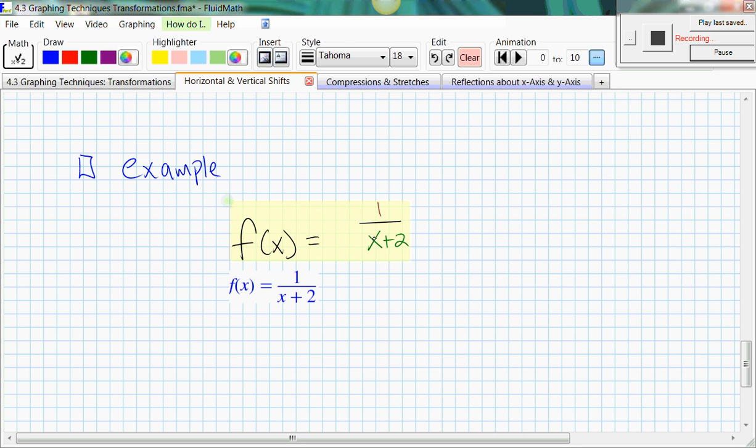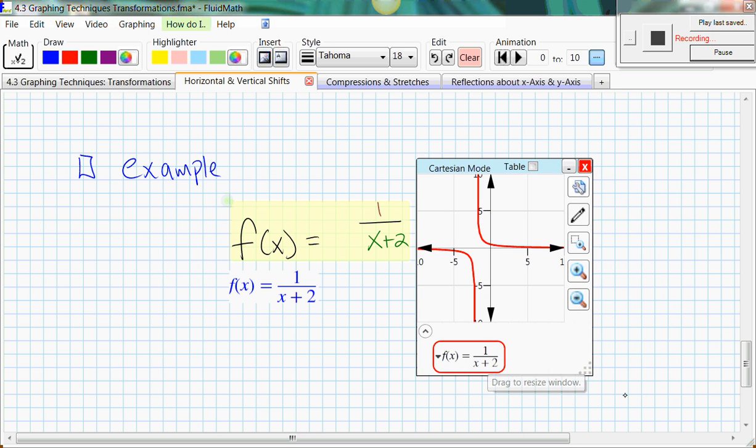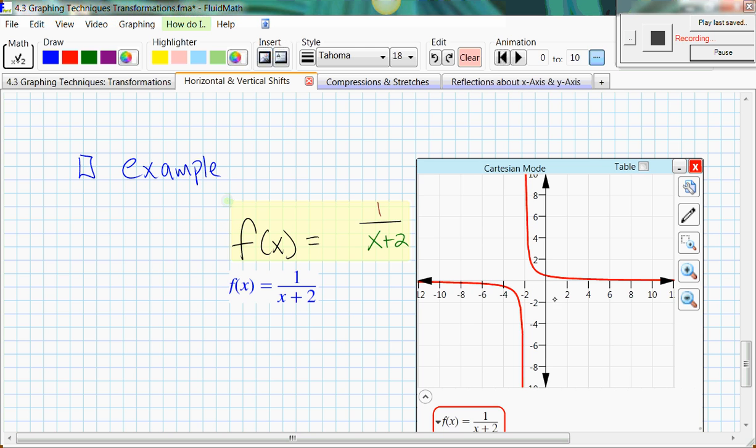It's 1 over x, so we would expect this to look like the reciprocal graph, and then 2 units to the left. Let's see here. Well, that's terrible. Okay, what is going on here? We can see that this has been moved 2 units to the left. Let's compare that to f of x equals 1 over x and then plus 2.